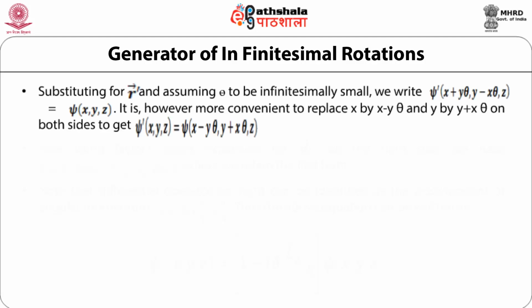If we substitute for the position vector r prime, assuming that the rotation given by the angle theta is infinitesimally small, we can write the wave function in the new coordinate system, that is psi prime as a function of coordinates x prime, y prime and z prime, as psi prime as a function of x plus y theta, then coordinate y minus x theta and coordinate z.